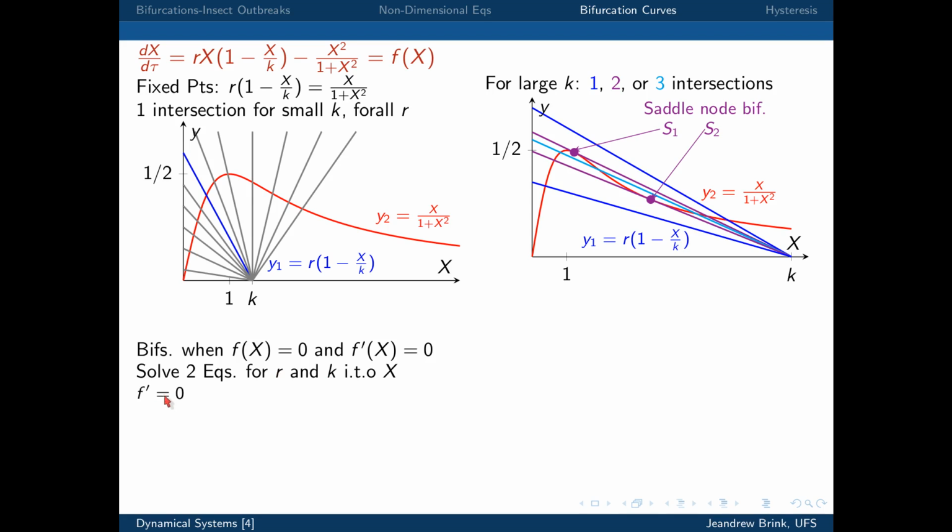So let's write them down. F prime equals 0 is simply found by taking the derivative of this thing, and there we have it. So the derivative of this first term is simply r minus the derivative of r times x squared over k, which is this thing, minus the derivative of this beast, which is that thing. Okay, so that's the one equation.